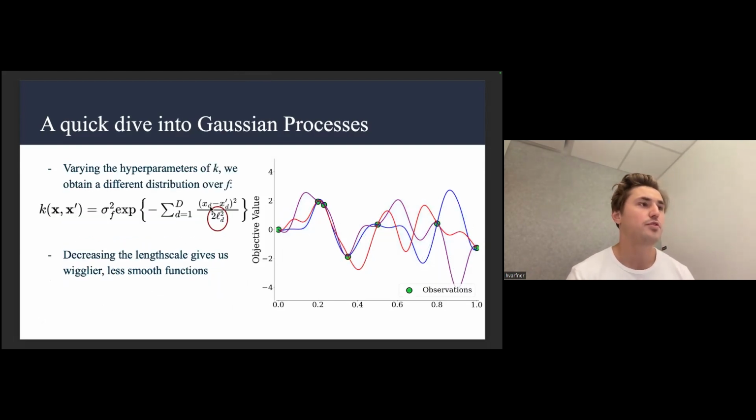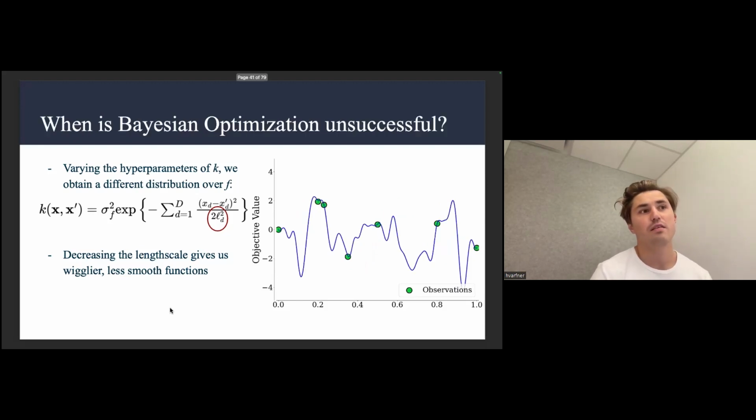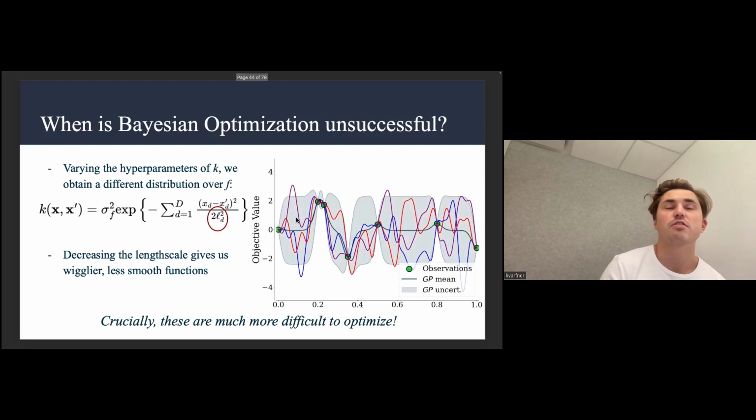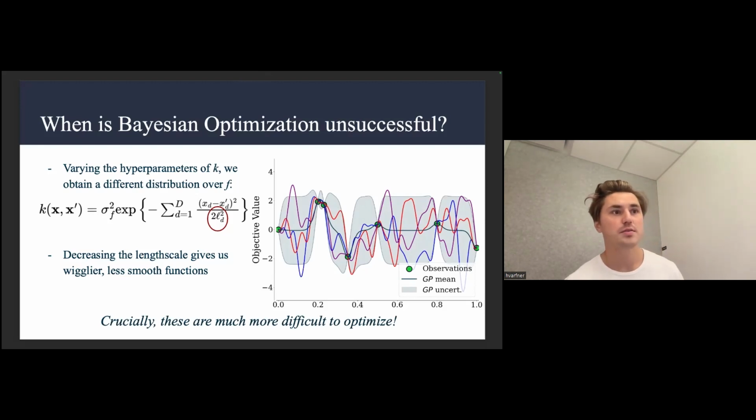Say, if we were to toy with this parameter here, which may not have been obvious from the last slide, which governs the smoothness that we expect to see, we get something that looks completely different. We get something that's wigglier and less smooth. So then it may look like this, or this, or this. And notably, these functions, which if I were to do this over and over gives us this Gaussian process, suggest that our underlying problem is much more difficult to optimize.